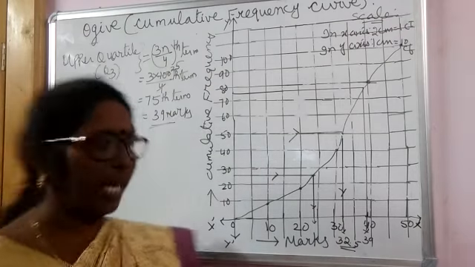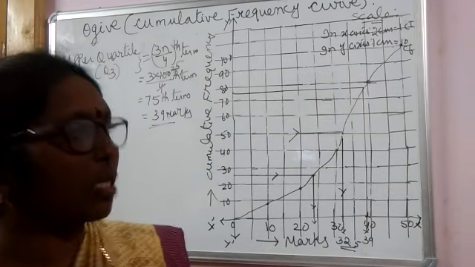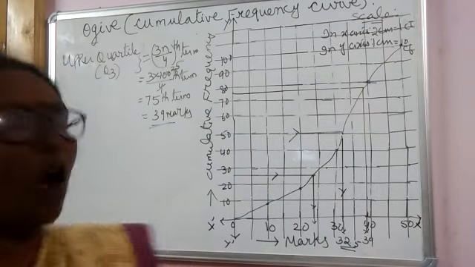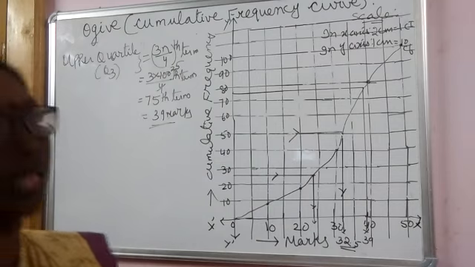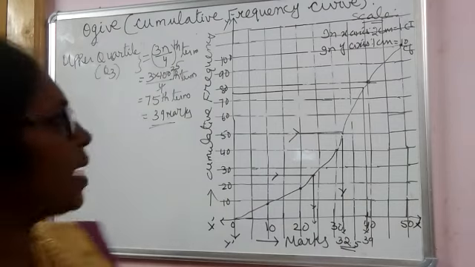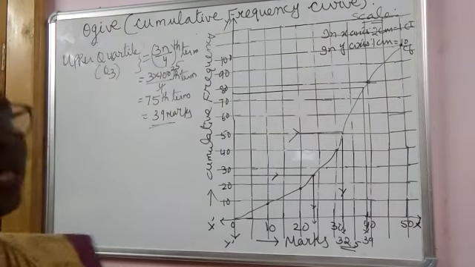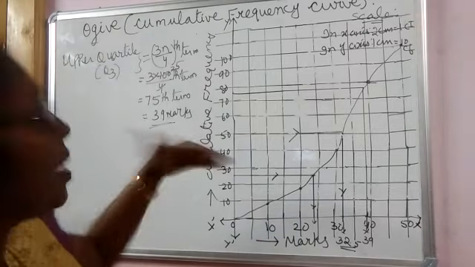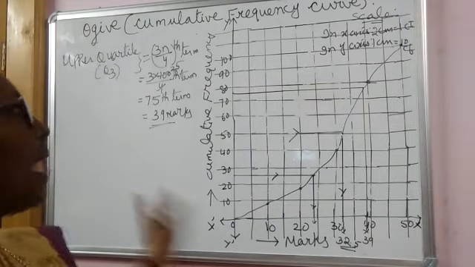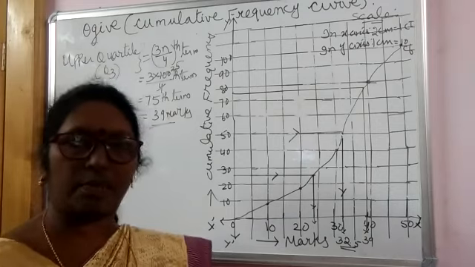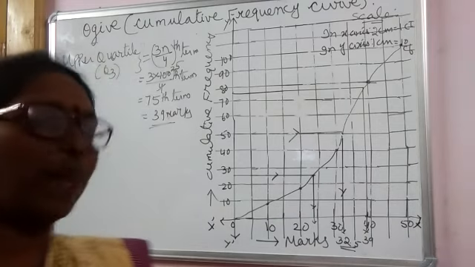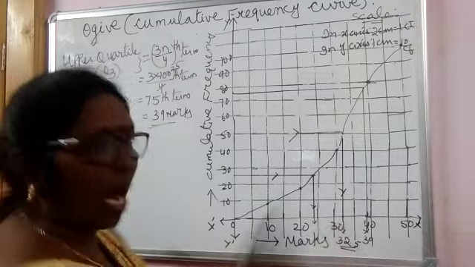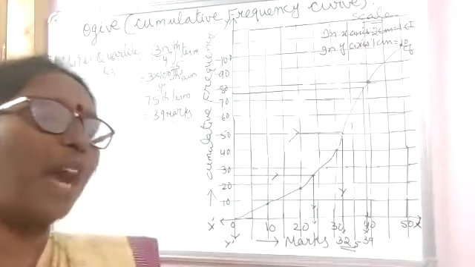Now let me explain you. Sometimes you get questions of this sort. How many students got above 75% marks? How many students got below pass marks? And so on. If the question is how many students got more than 75% marks, here we have the marks out of 50.